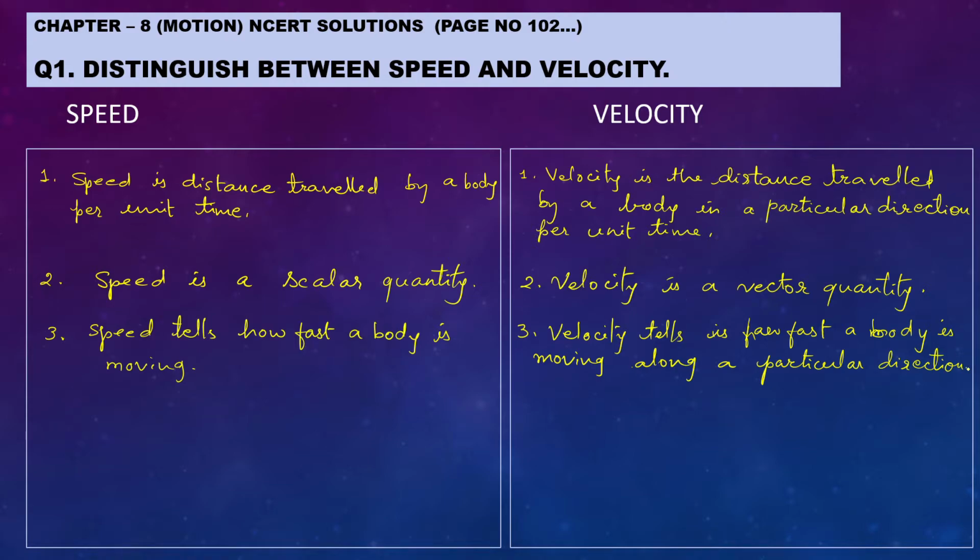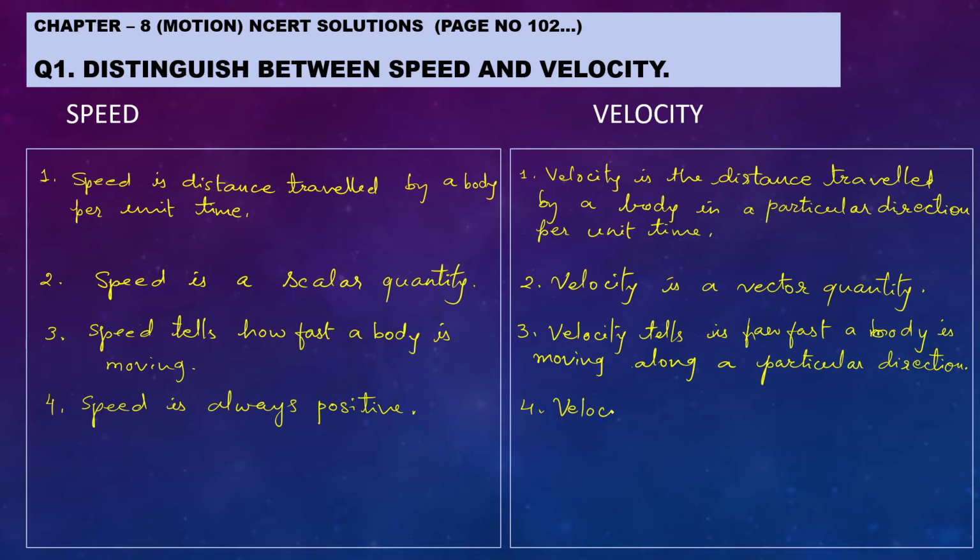Okay. Now the last one, minimum 4, always we have to write the differences. Correct? Speed is always positive. It cannot be negative, nor can it be 0. Speed is always positive. Definitely it will have some value. But we have seen so many examples in which velocity becomes negative, positive as well as 0 also, right?